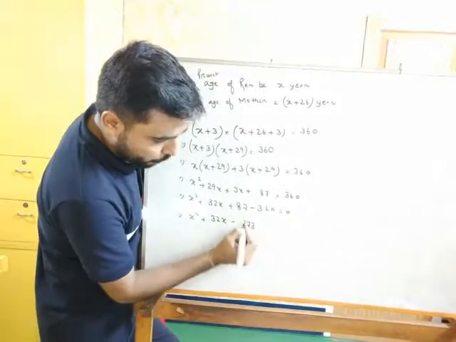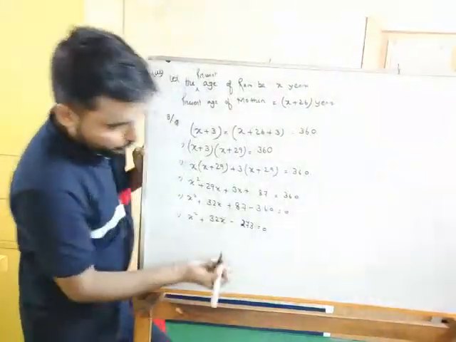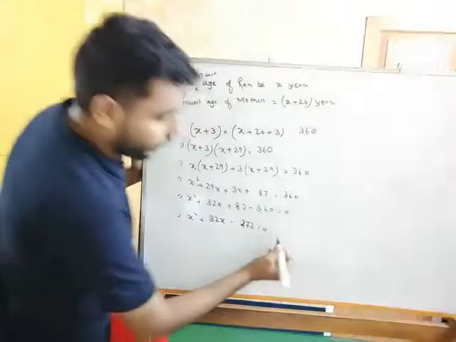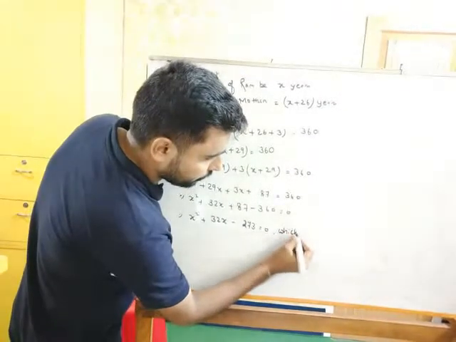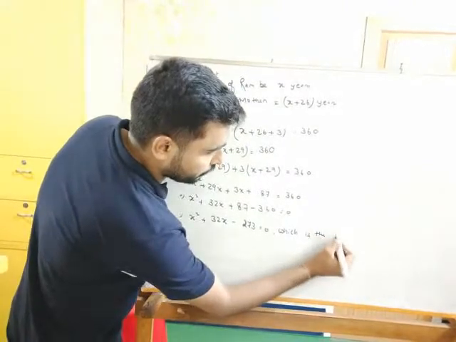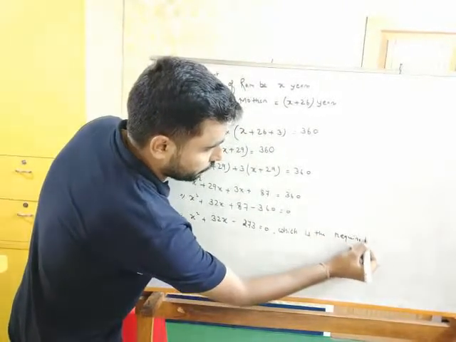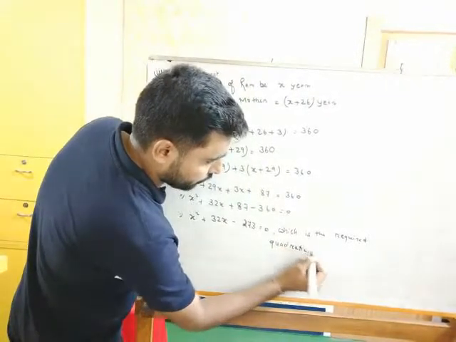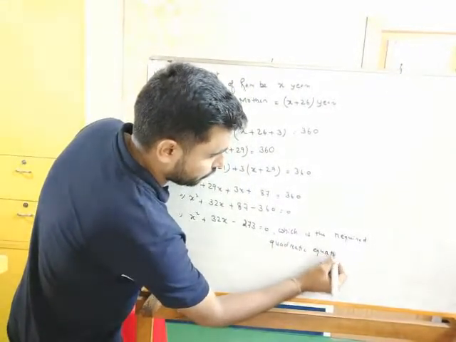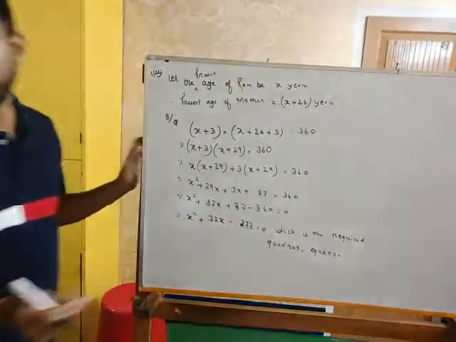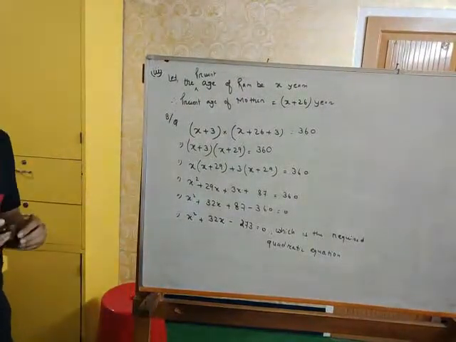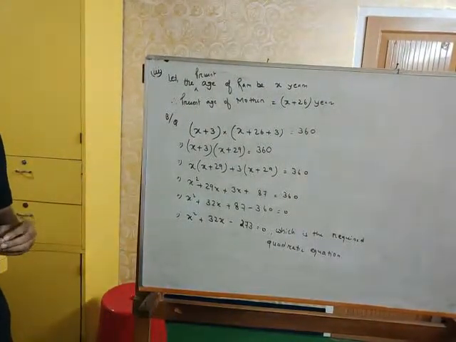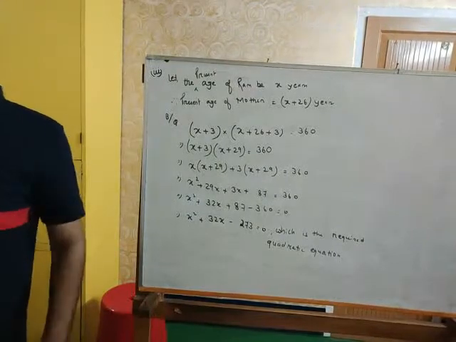And here it became 2, which is equal to 0. And this is the required quadratic equation. Clear? Any doubt here? Now we need to solve it also.